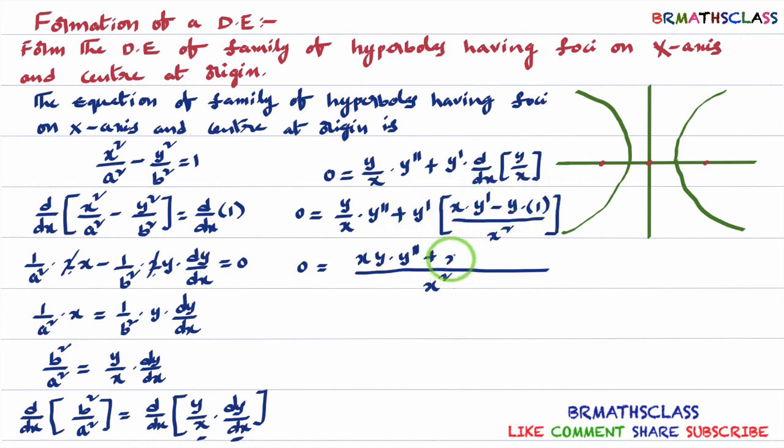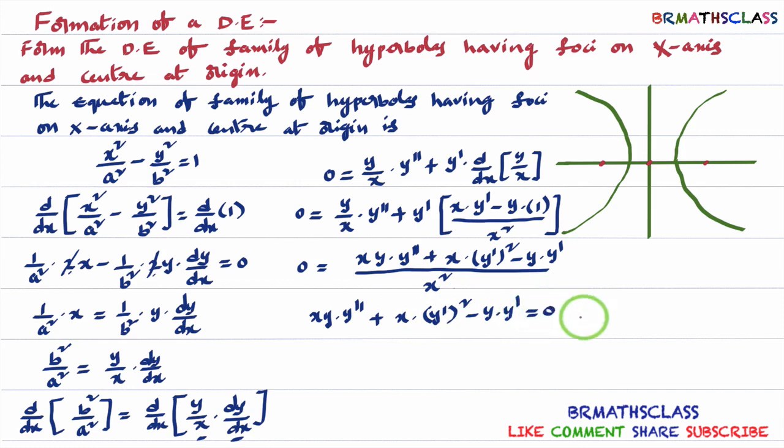Then you will get x into y dash whole square minus y into y dash. You take this x square to this side, then this expression is remaining: xy into y double dash plus x into y dash whole square minus y into y dash equal to 0.